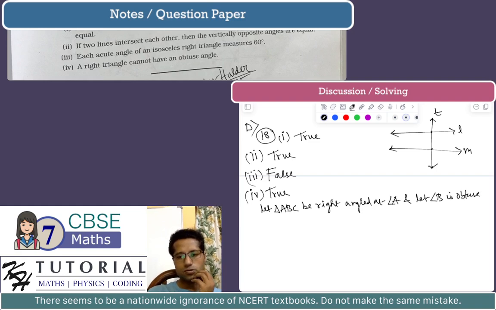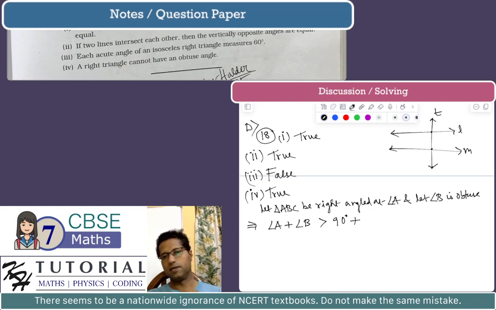So this will imply that angle A plus angle B will be greater than, angle A is 90 degree, and angle B, an obtuse angle, we know is greater than 90 degree and less than 180 degree.